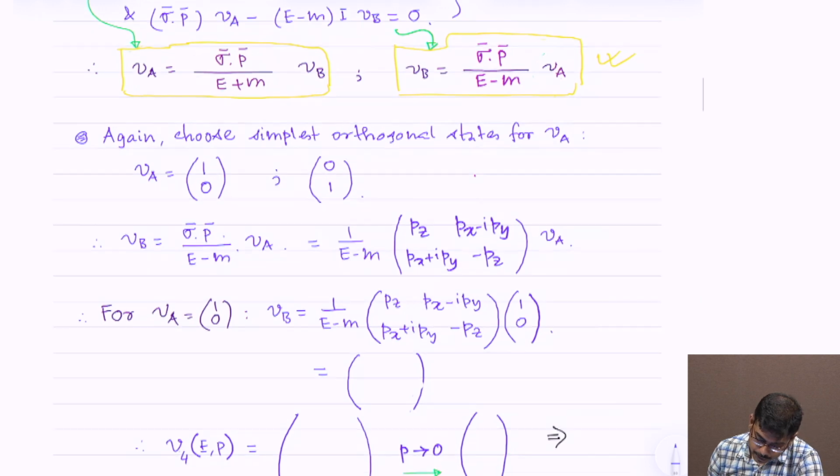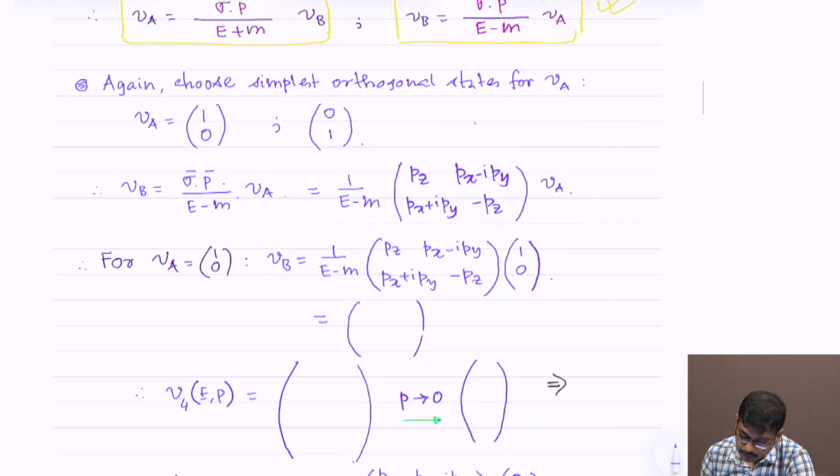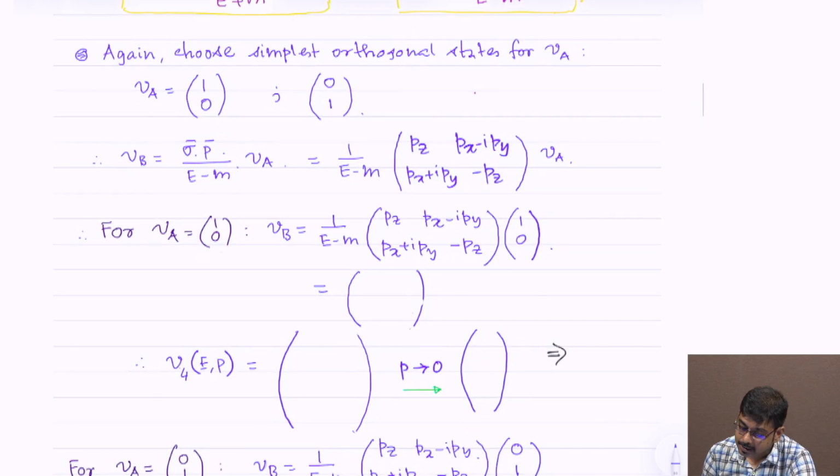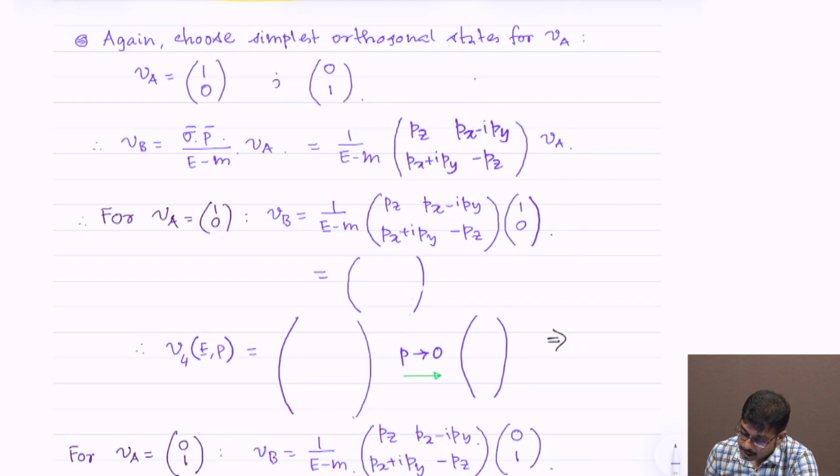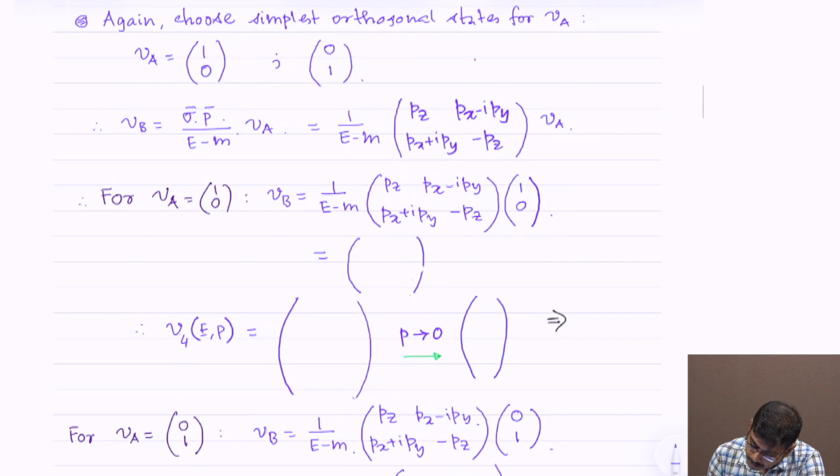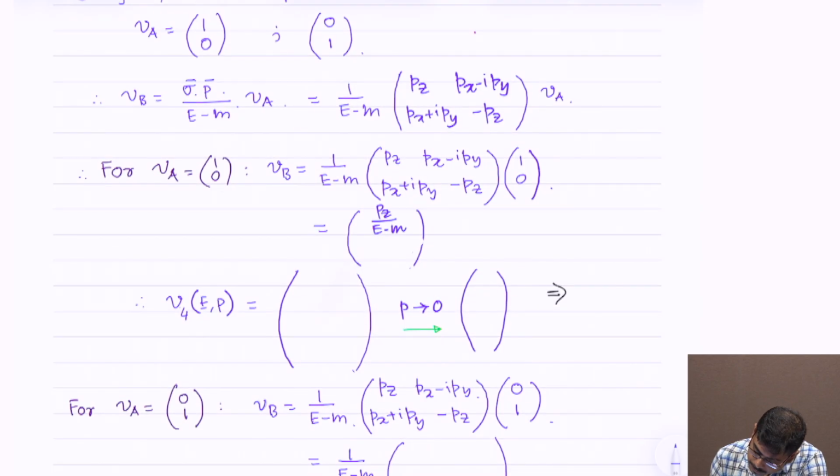Therefore, for Va equal to 1 0, the Vb will be simply the matrix multiplication of 1 by E minus m times the matrix Pz, Px minus Ipy, Px plus Ipy, minus Pz, multiplied by 1 0. Let us do the matrix multiplication. This will turn into Pz by E minus m, and this term will be Px plus Ipy by E minus m.